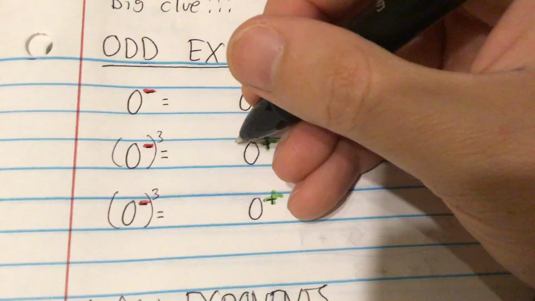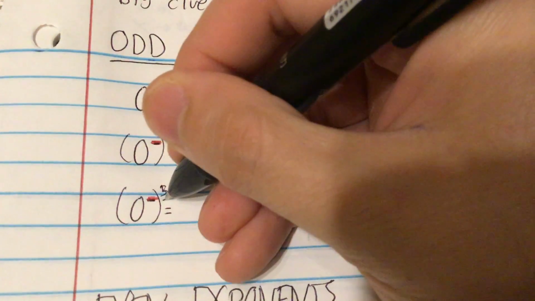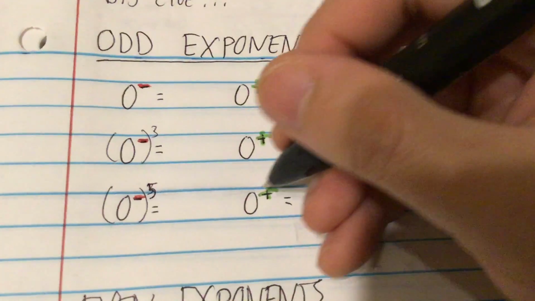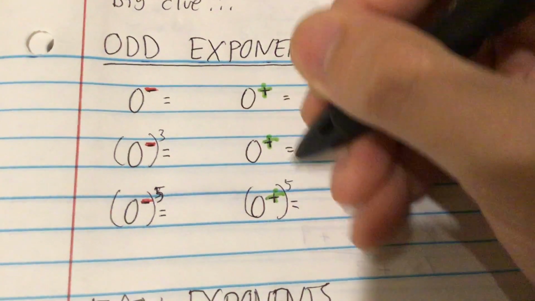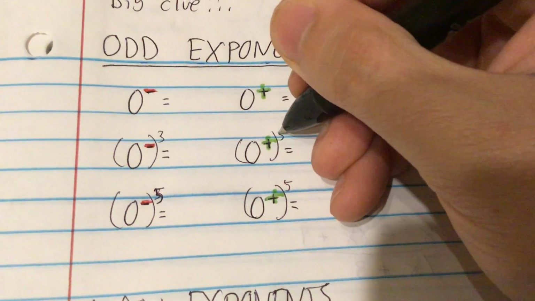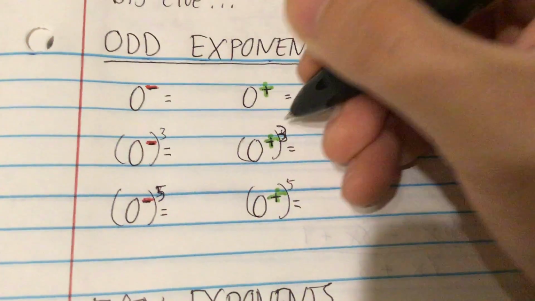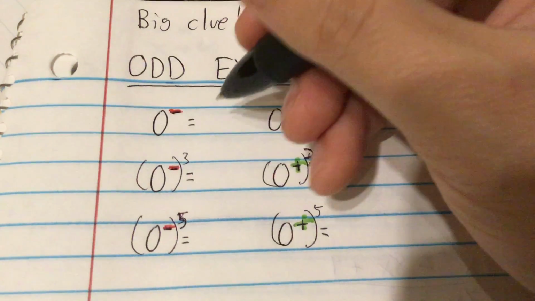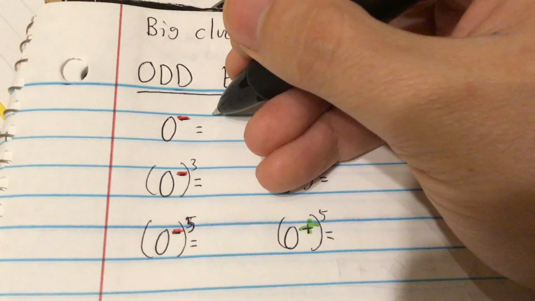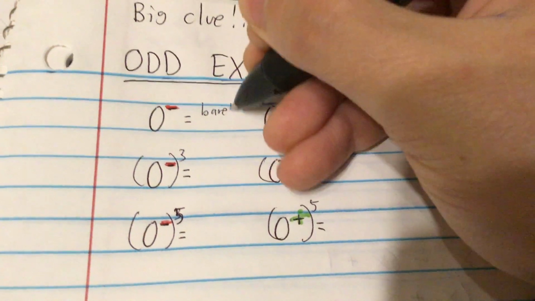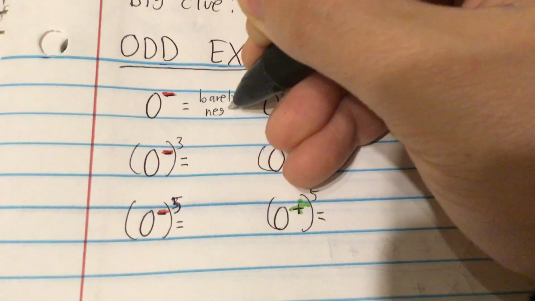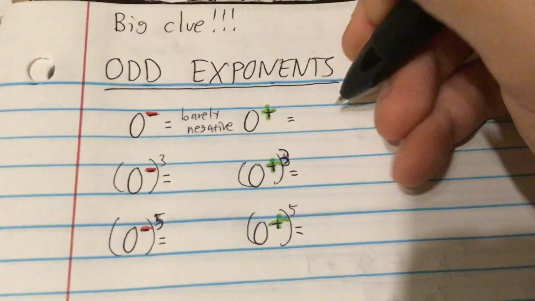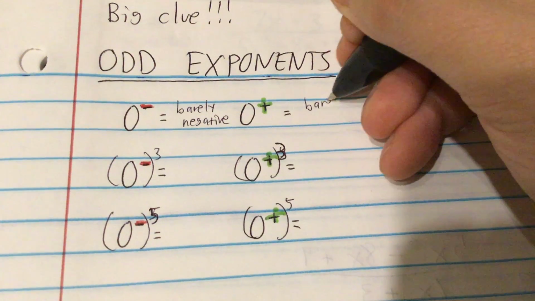let me just get these out of the way. For the fifth power. Okay. So if there's no exponent, it's automatically to the first power. That is still barely negative. And this is barely positive.